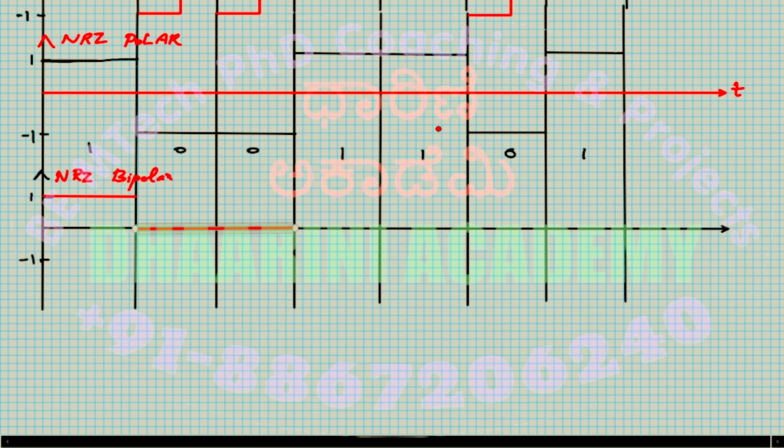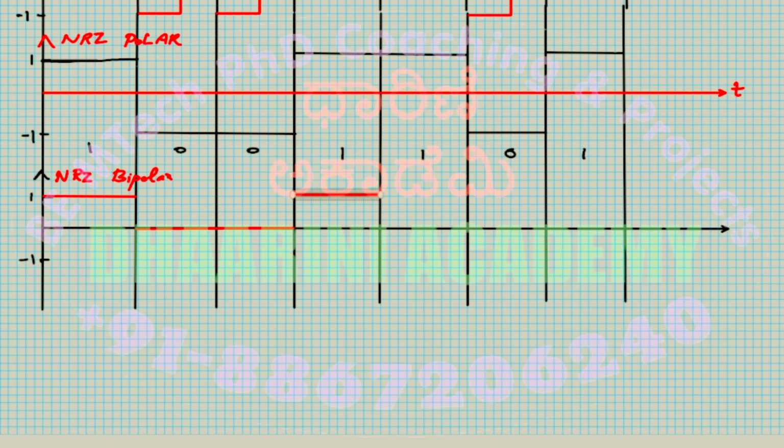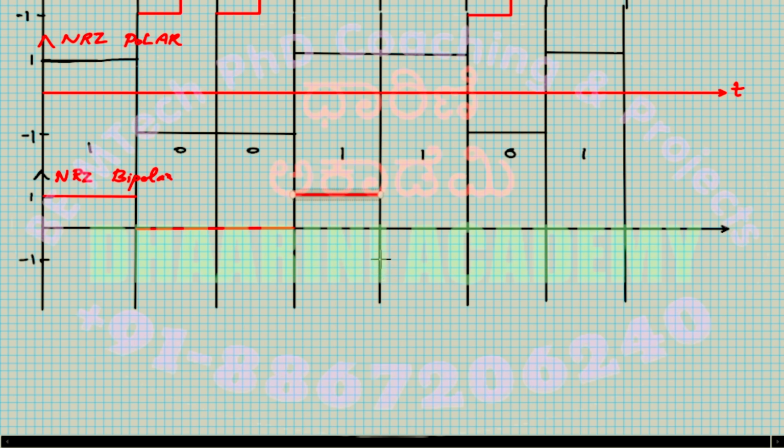Next, after this I get another one. As soon as you get a first one, it's not a continuous one, so it will be once again 1. But now you see I got a second one. So as soon as you get another one over here, you need to shift to the other polarity, that is -1. That's the difference.